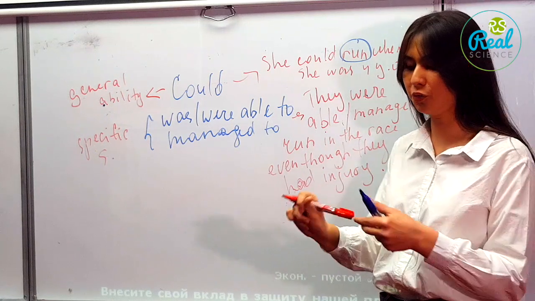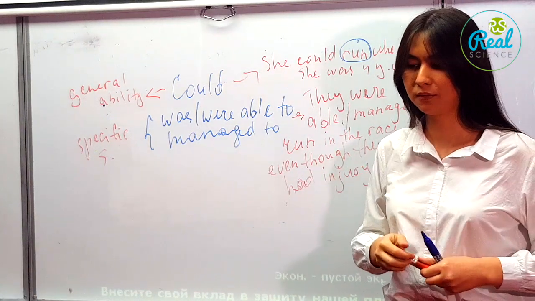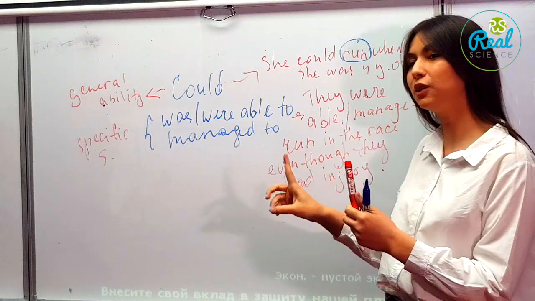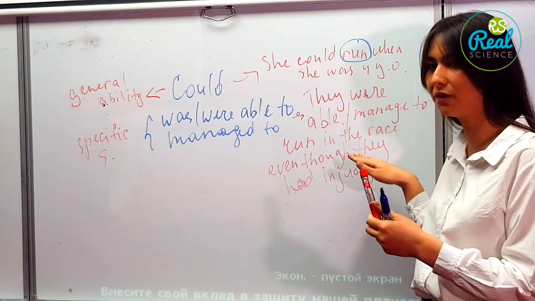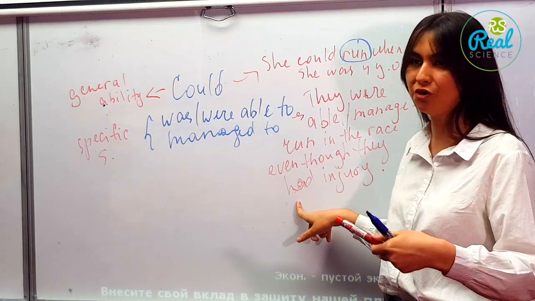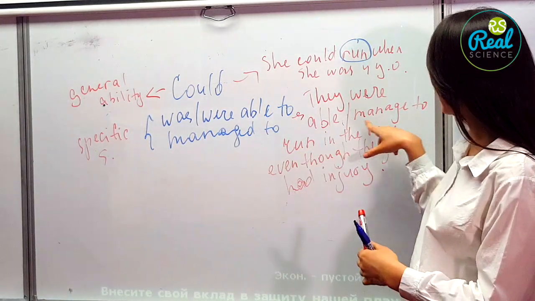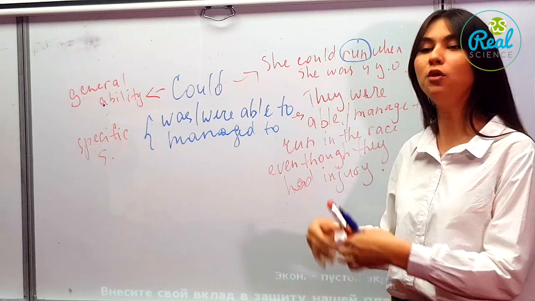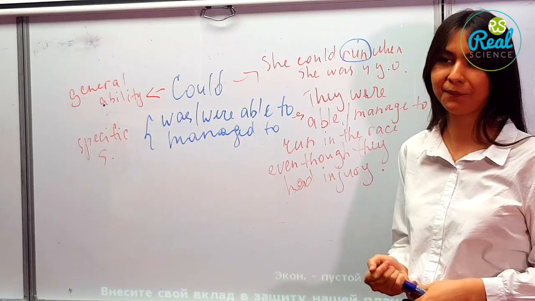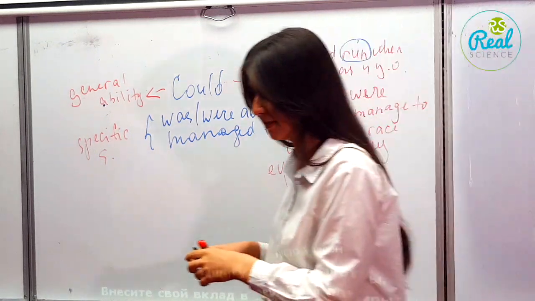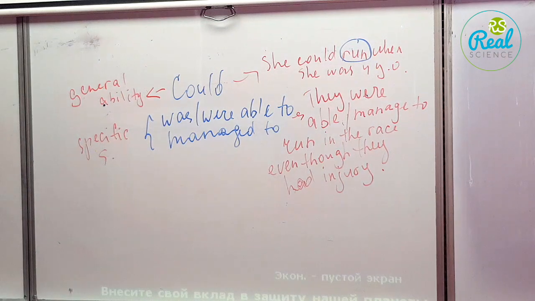So is this a specific situation? Yes. The first specific situation is here, the running race, and the second, they had an injury. Even though they had an injury in the running race, they were able to, they managed to run. Now you know the difference. Okay, so let's move on.